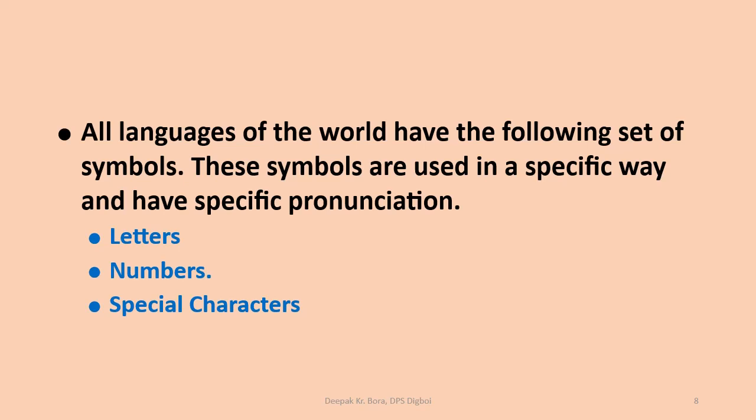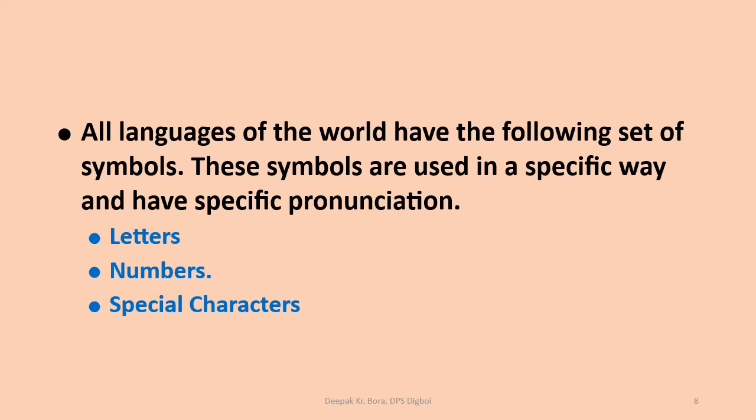If we take our English language, then the letters are small a to small z and capital A to capital Z. Numbers are 0 to 9, and the special characters include less than, greater than, comma, apostrophe, etc. Similarly, in Hindi, the letters we say as Varnmala, the numbers are the Sankhya, and the special characters are Vishesh Varn.